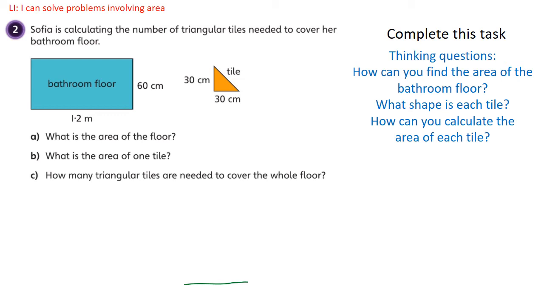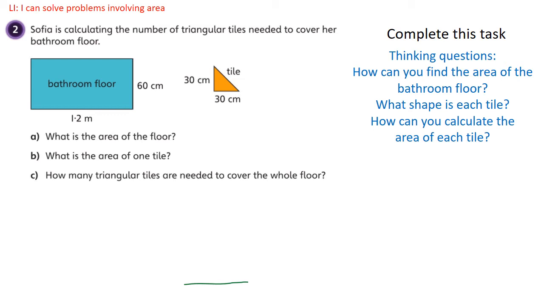So what's the first thing we're going to have to do? Well, the first thing we're going to have to do is change our 1.2 metres into centimetres. Then we can calculate the area.